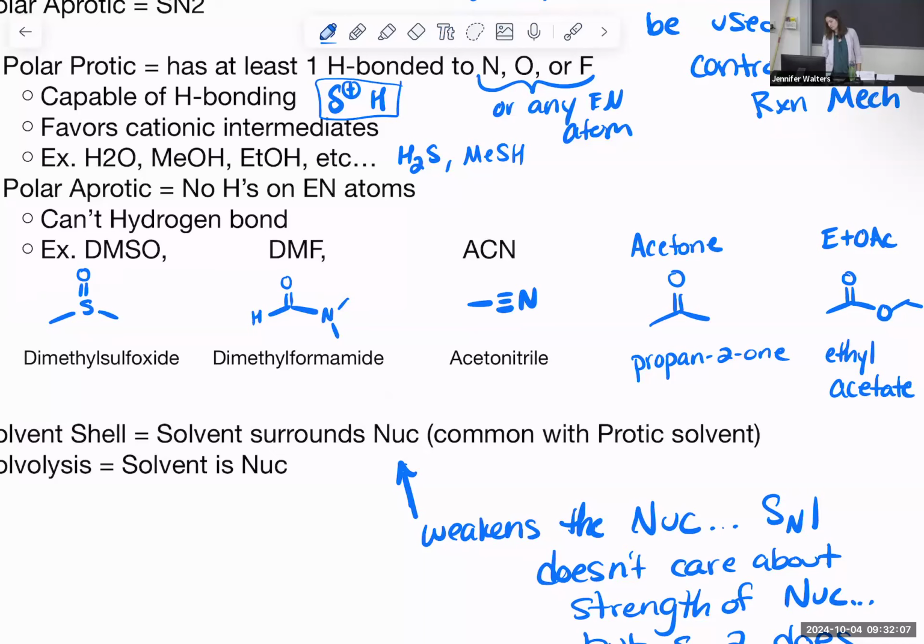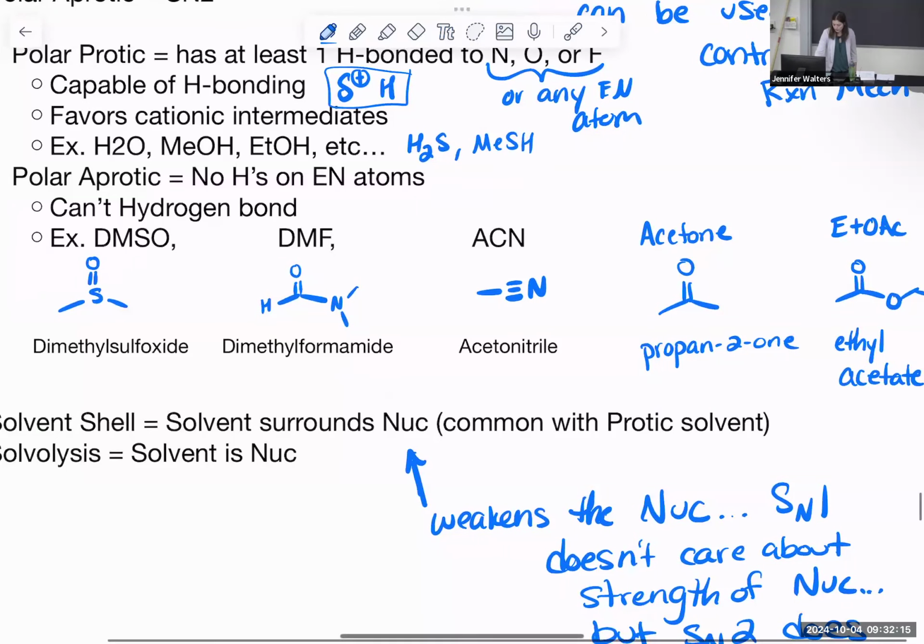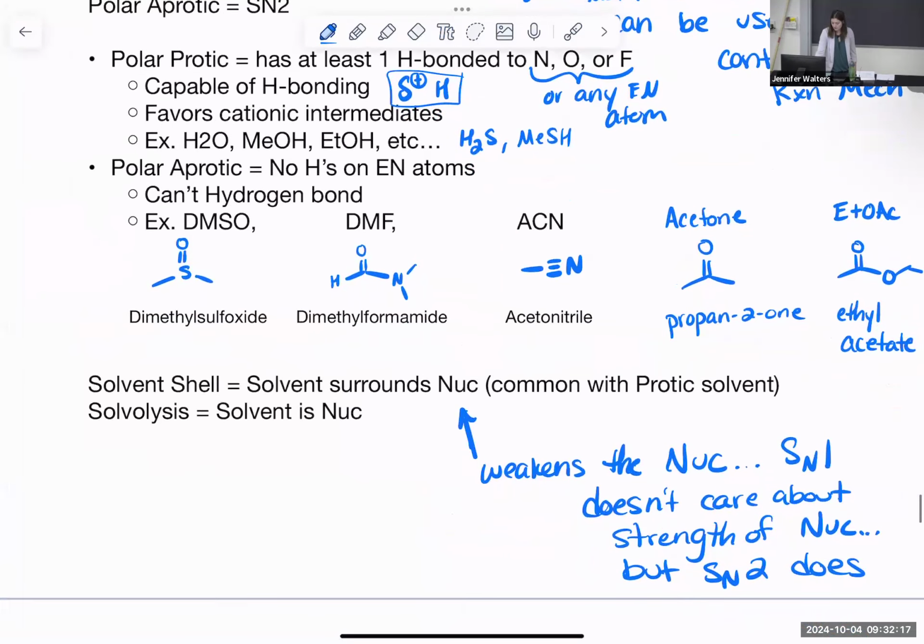Ethyl ethanoate. Acetate's the common name. These are all good aprotic solvents. Anytime you see hydrogen not on electronegative atom, it's aprotic. And SN2 likes that because these are not going to weaken your nucleophiles.